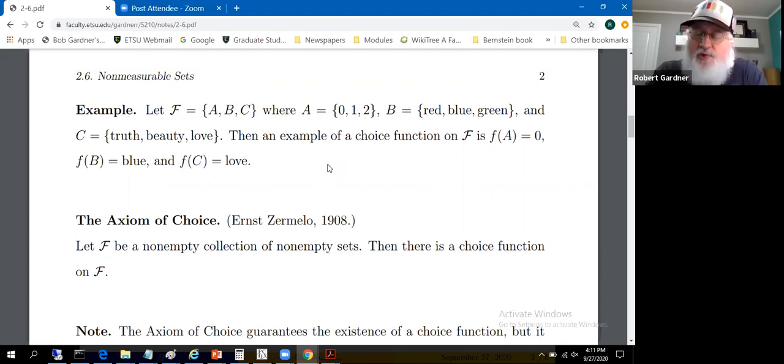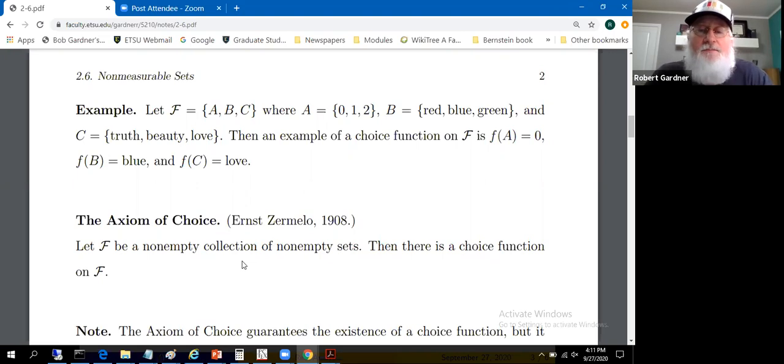But the axiom of choice allows you to create a set. It's really about the creation of a certain kind of set that includes a representative from each of the sets in this non-empty collection. It doesn't tell you how. That's what I mean by saying it's not defined. The choice function isn't necessarily defined. We merely know a choice function exists.